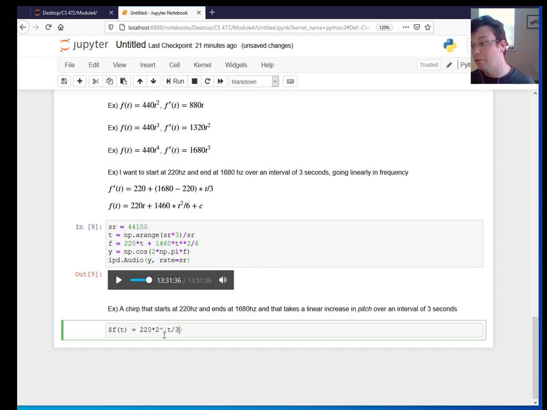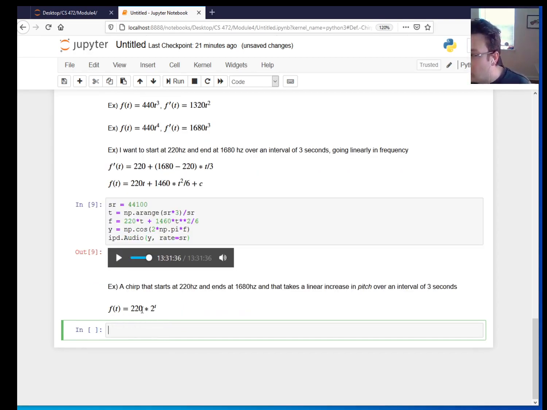Actually, I think 2 to the t would do it, not t over 3. Let's check. When t is 0, we're at 220. When t is 1, we're 1 octave up. When t is 2, we're 2 octaves up, so that's 880. And when t is 3, we're 3 octaves up. Okay, good, so this does it. This goes over the range we want, but it does so exponentially. So we can ensure that we will hear a linear shift in pitch.